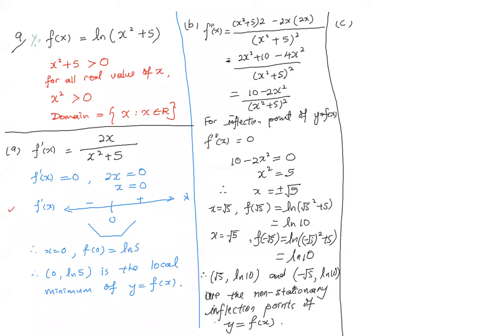So I will say that y equal to f(x) is increasing when x is greater than 0 and y equal to f(x) is decreasing when x is less than 0. Okay, done.